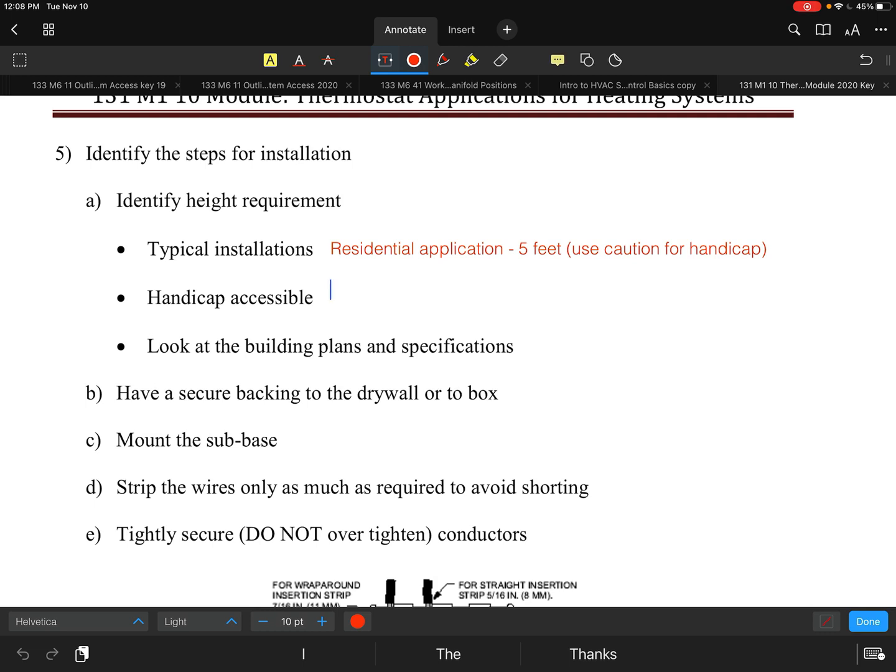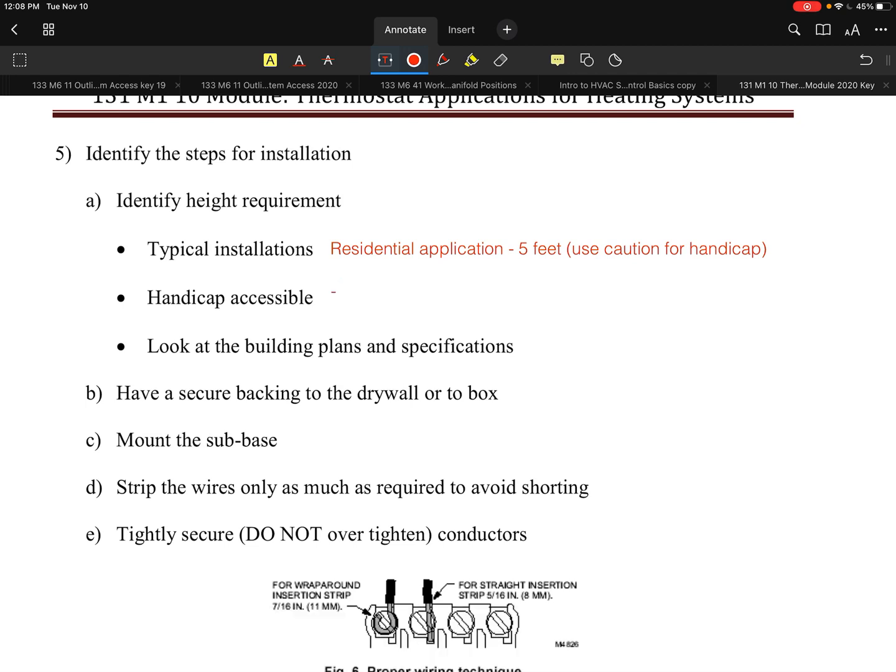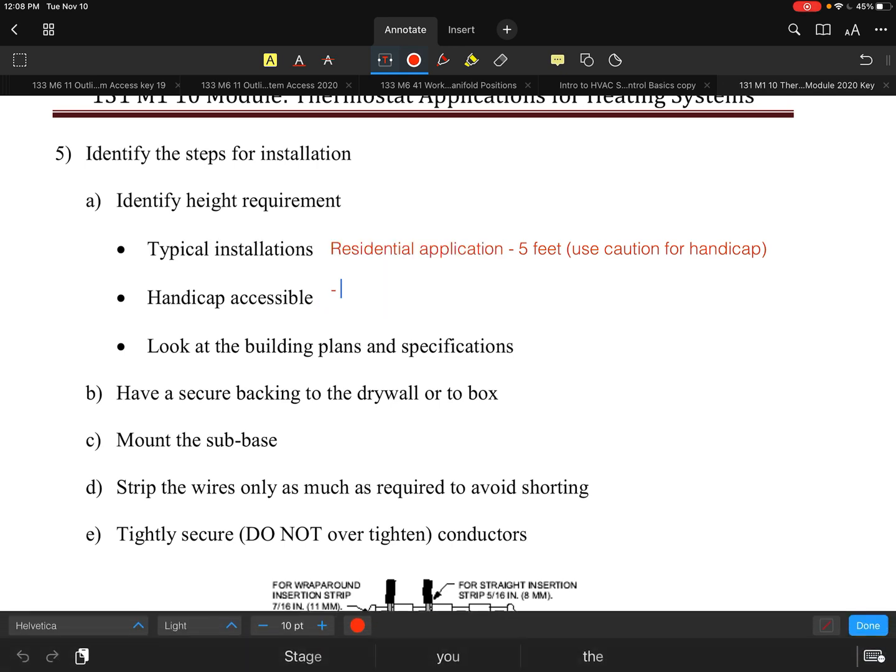Now, let's talk a little bit about handicap accessible applications. Let's say you're dealing with maybe a nursing home, or a person's primary residence, and they have somebody in a wheelchair, or any type of prohibitive handicap that's preventing them from being able to do that.